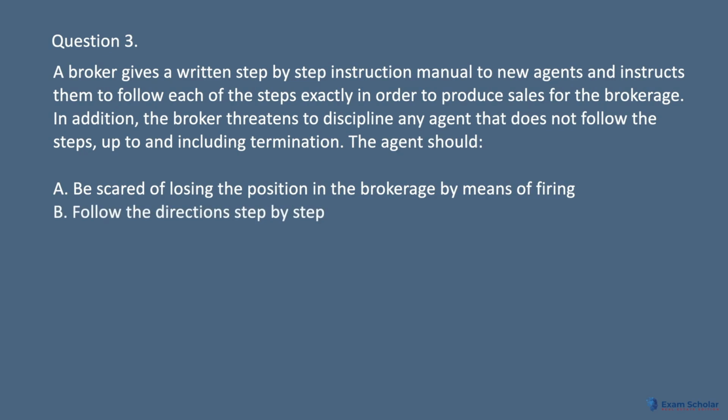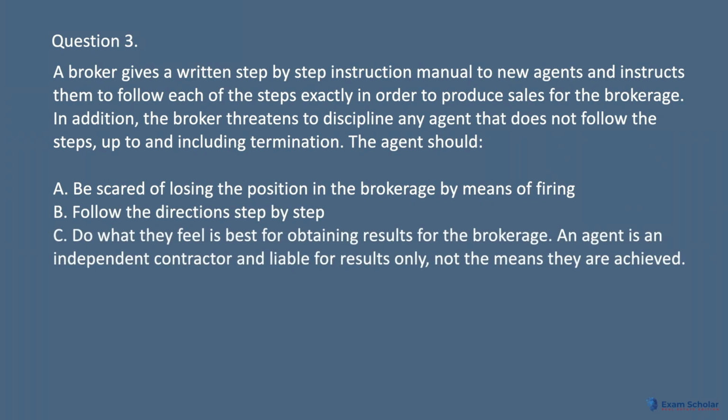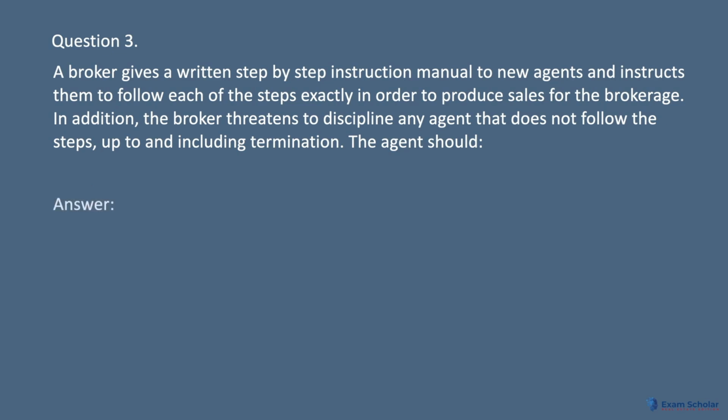B. Follow the directions step by step. C. Do what they feel is best for obtaining results for the brokerage. An agent is an independent contractor and liable for results only, not the means they are achieved. D. None of these.